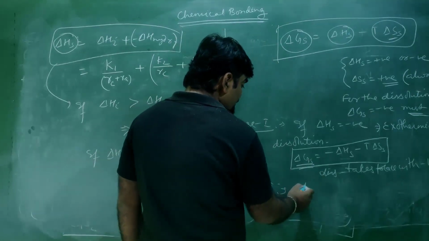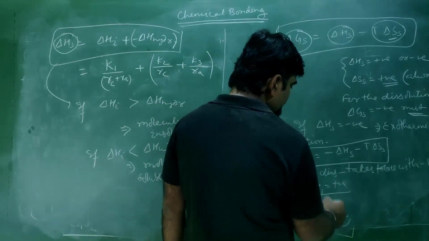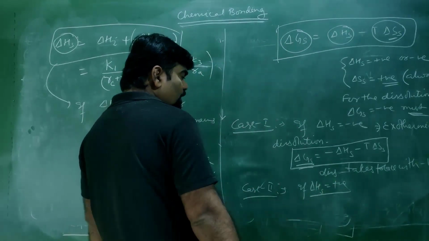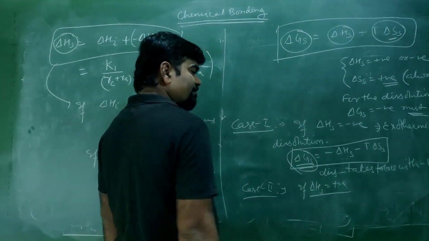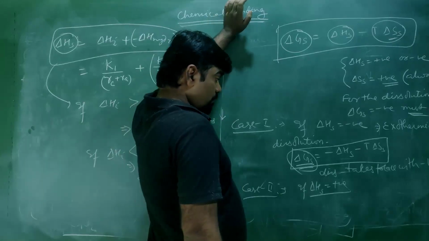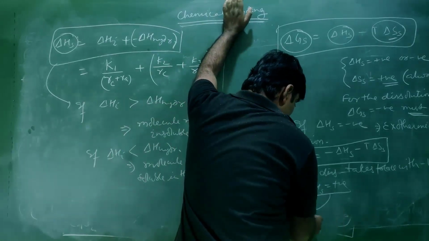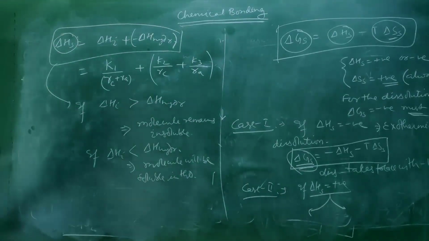Case 2. If del Hs is positive, then there are two different cases. What we want is del Gs negative. We will explain these two different cases.